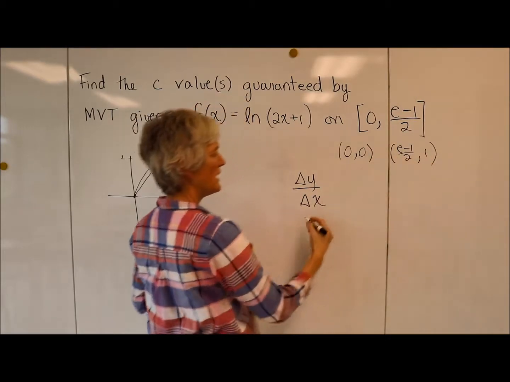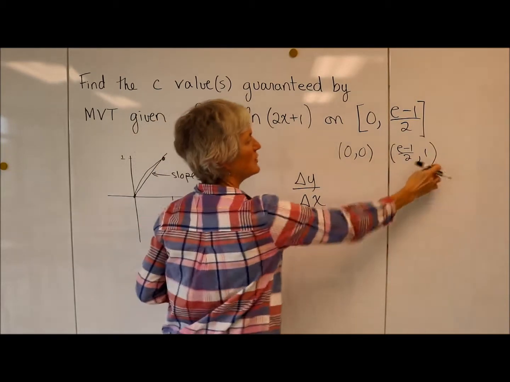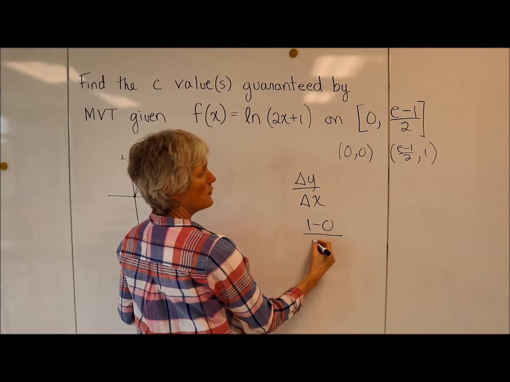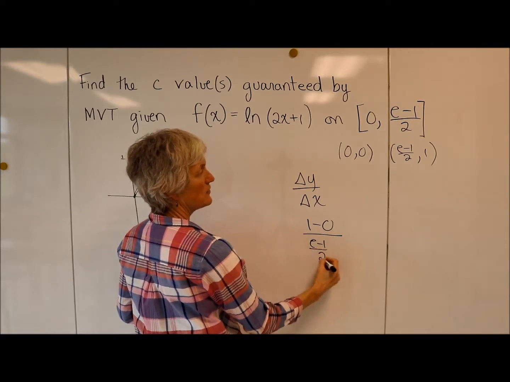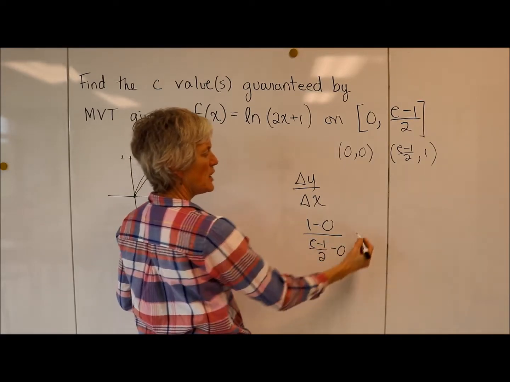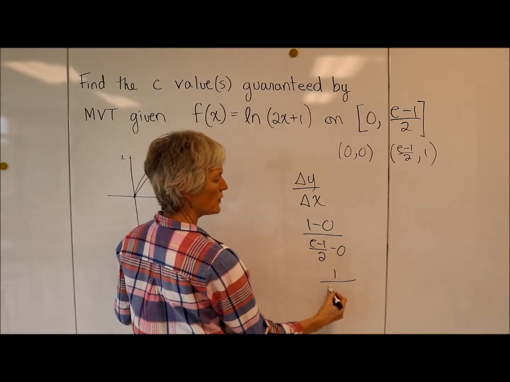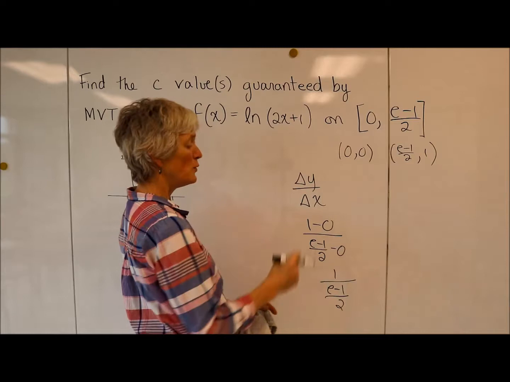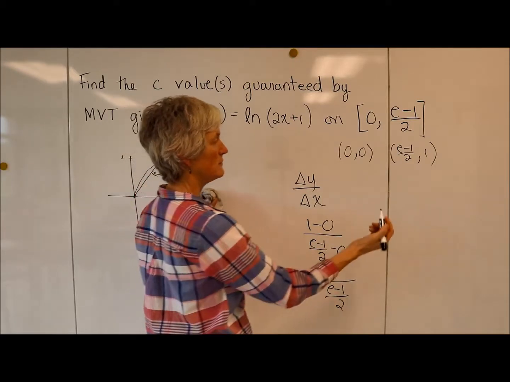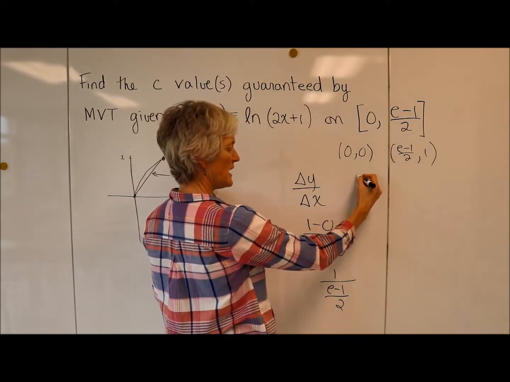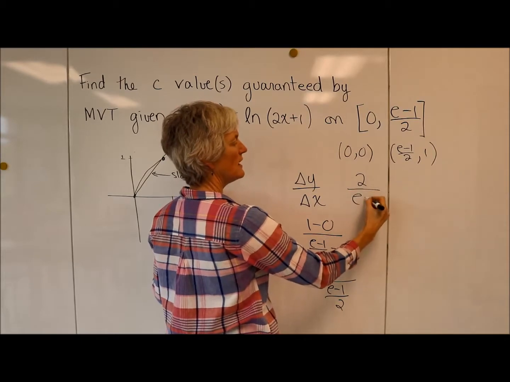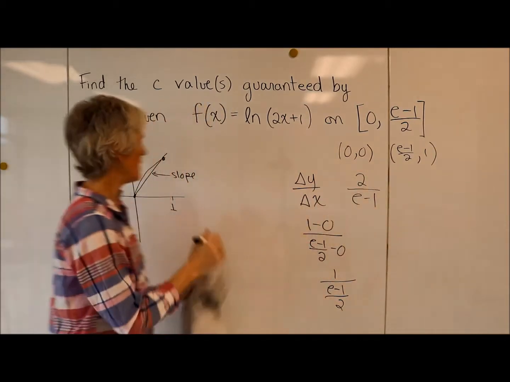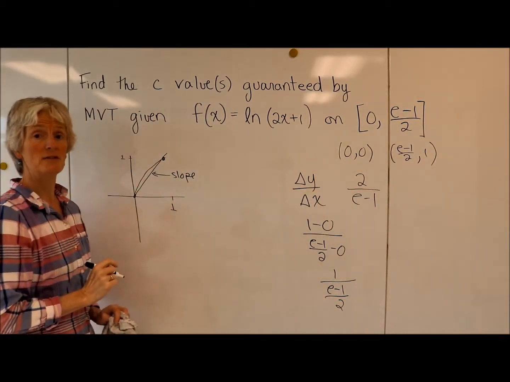So 1 minus 0 is my change in y, over my change in x, e minus 1 over 2 minus 0. That gives me 1 over e minus 1 over 2, which gives me 2 over e minus 1. So my slope is going to be 2 over e minus 1. That's the slope of my line connecting my endpoints.